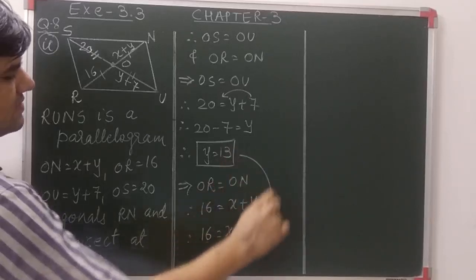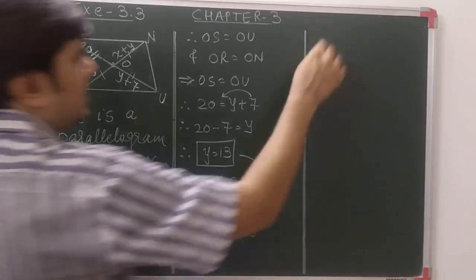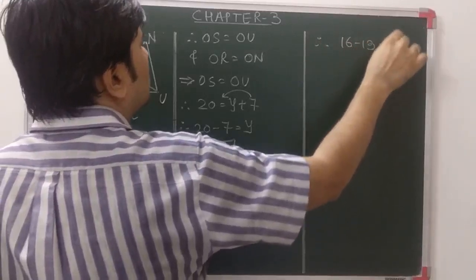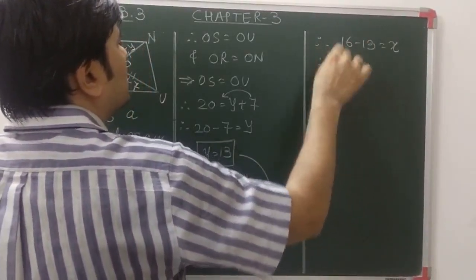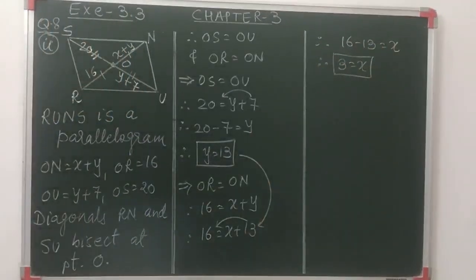This is the y which I have substituted here, 13. I will take this 13 to the left hand side now. So 16 minus 13 is equal to x. So we can say that 3 is equal to x. So the value of x we obtain is 3. Thus we obtain both the values of x and y.